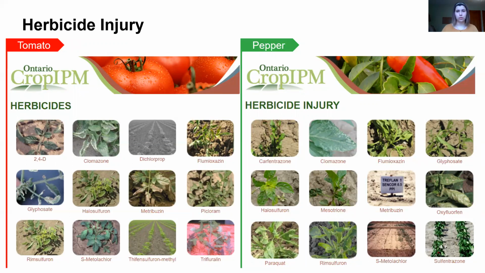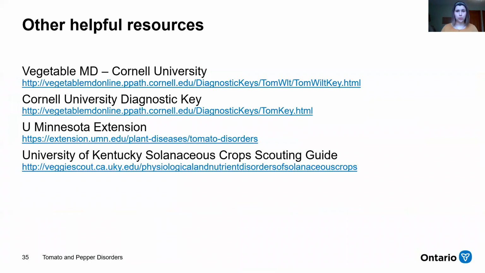Same goes for more general nutrient deficiencies you may encounter and the resources we have available on the crop IPM website on using soil diagnostics to help detect those issues. So I know I've already mentioned crop IPM a number of times, as well as our ON Vegetables blog, but here are some other additional resources that can be incredibly helpful to diagnose not only disorders, but also insect and disease pests you may encounter while scouting.